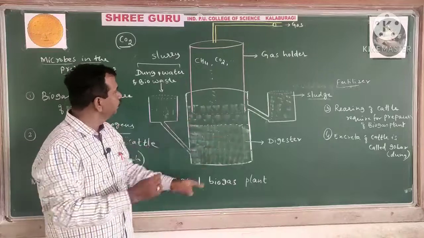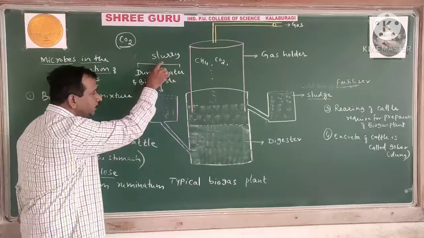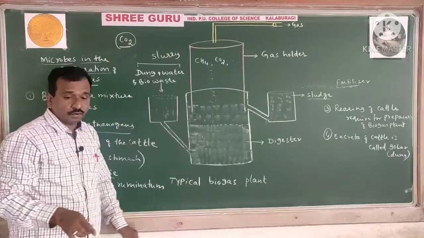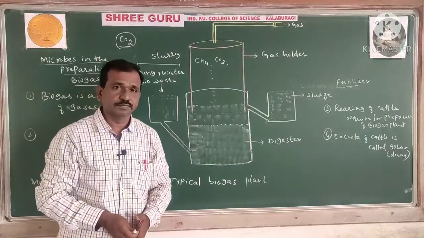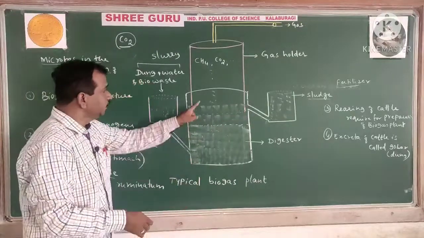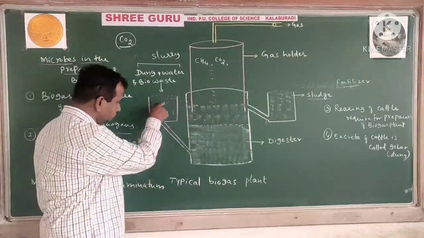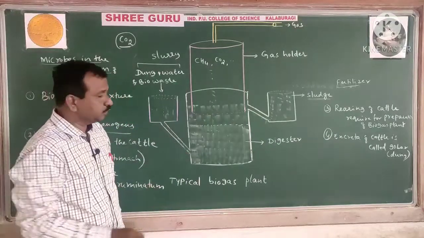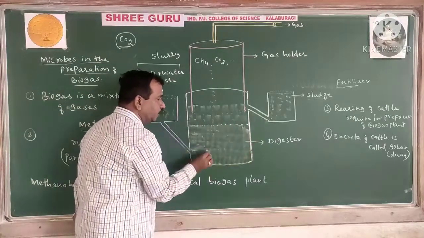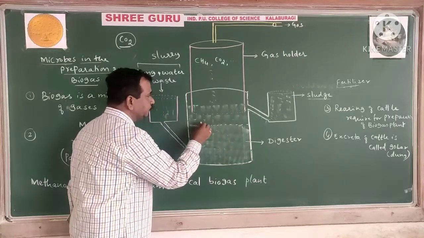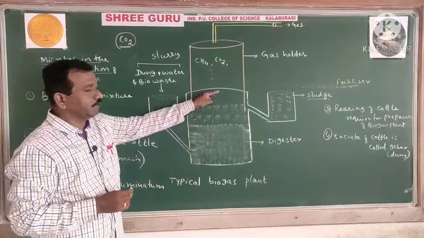There are 2 outlets; on this side the slurry has to be put. Here we are normally adding the slurry, and around a 10 to 15 feet concrete tank will be there. Always it is not possible to open and put the slurry here only. That is why one outlet is there, a direct connection to the lower part, so that it is going to be filled. As soon as the filling takes place, anaerobic bacteria act, and covering has to be done.